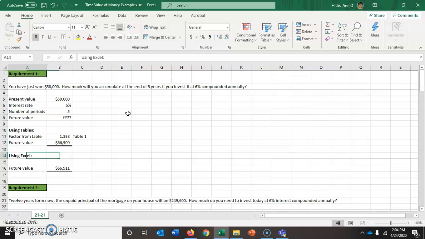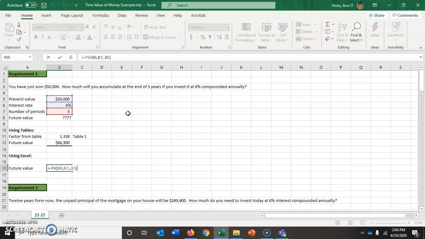Now, that's using the tables. We can also use Excel because Excel has a formula. It's called the future value, FV, formula. Notice what it does. It pulls in first the interest rate, then the number of periods, B6 and B7. Then there's a blank, because there is a possibility that you might have a payment, which we'll talk about in a few minutes.